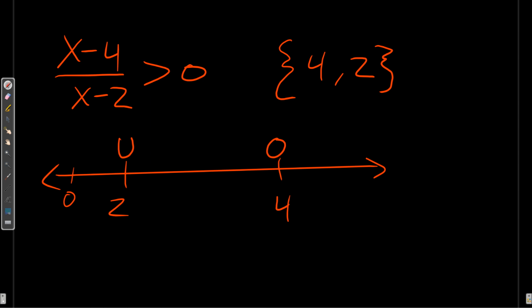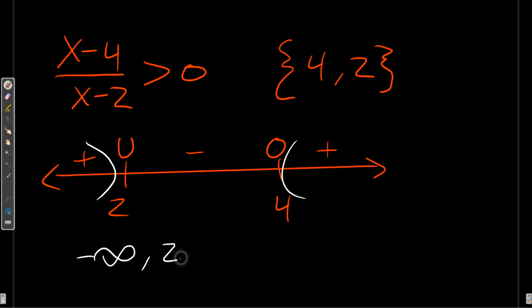And over here at this super easy test point of 0, I'm going to get a quotient of two negatives. So it would be positive, and then it switches back and forth at each partition point. We're wanting to know where this is strictly greater than 0, so that would be these two wings on either end.